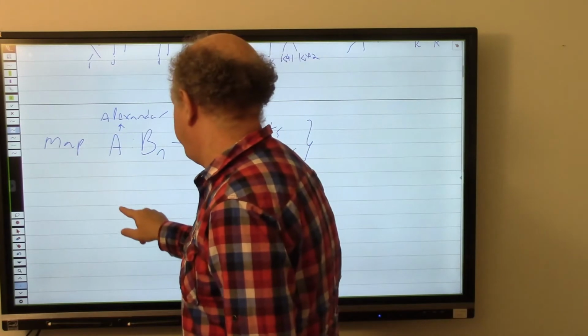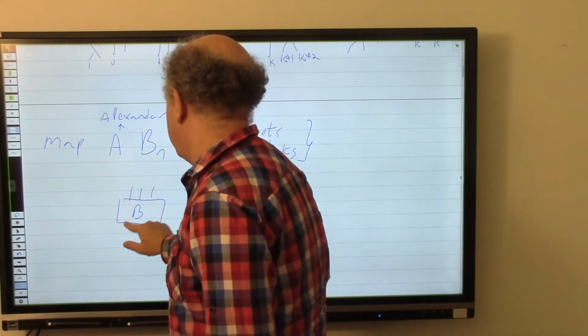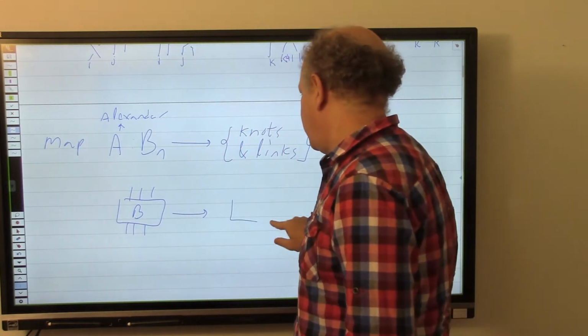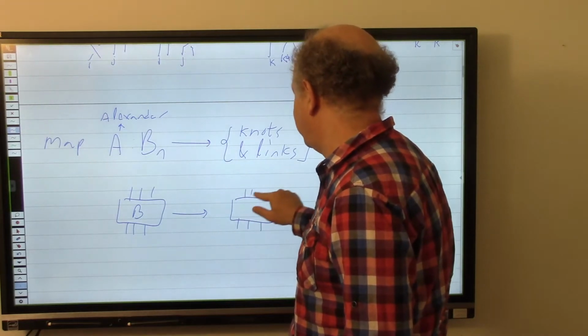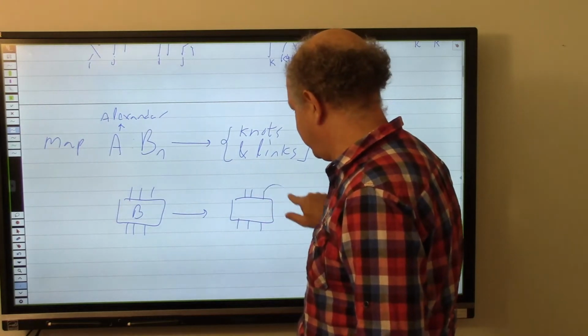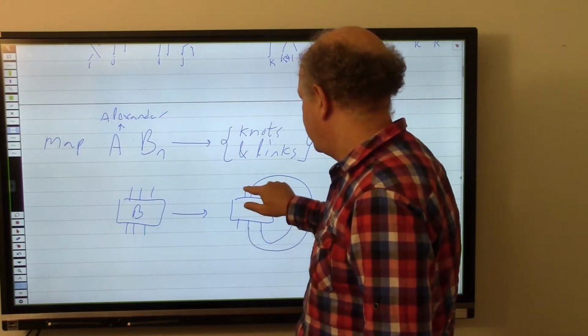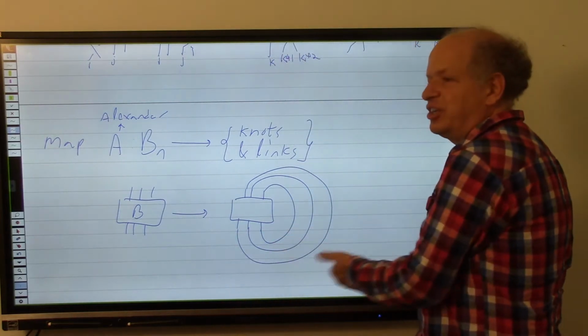So if you have a braid, all you do is you so-called close it. So you connect the top to the bottom by closing it this way.